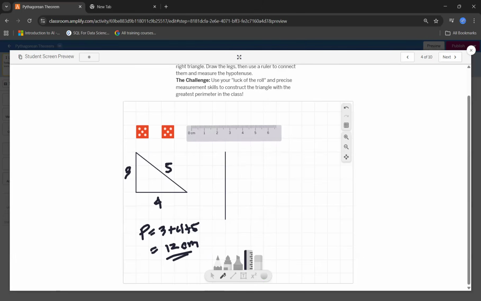Then for the next side, we have another 5: 1, 2, 3, 4, 5. Now, if we connect this one, let's check the measurement of that one. Okay, it's approximately 7, but it's slightly beyond 7.